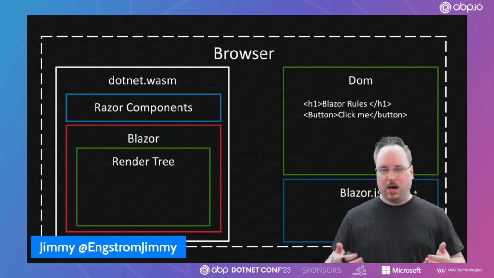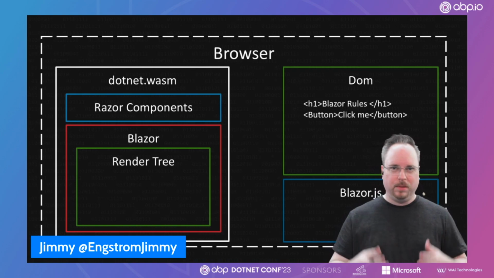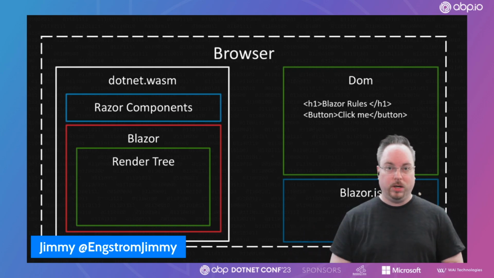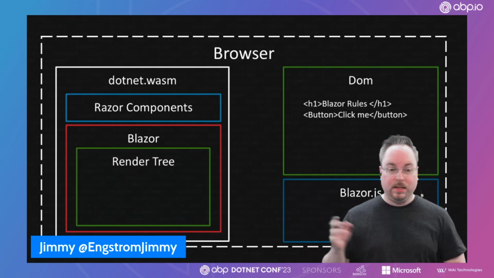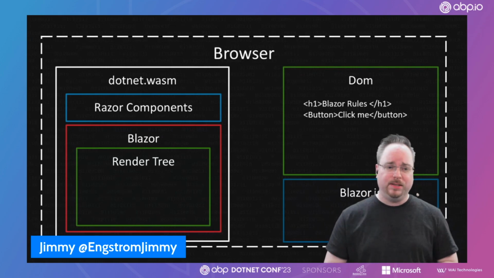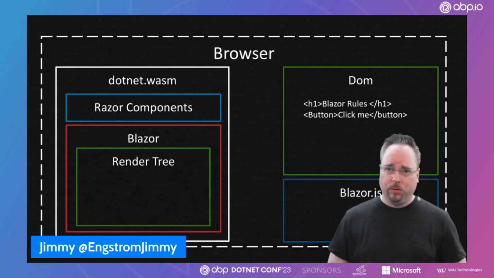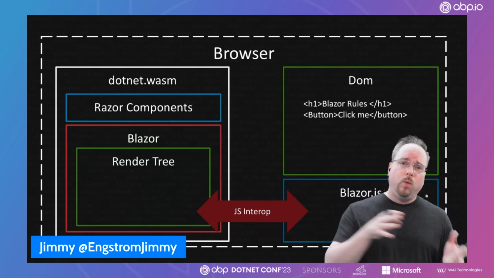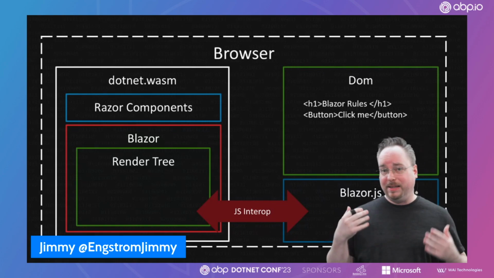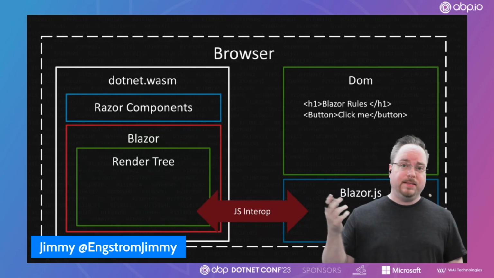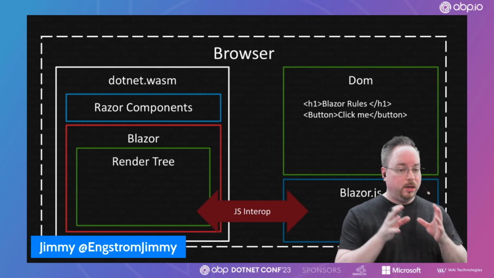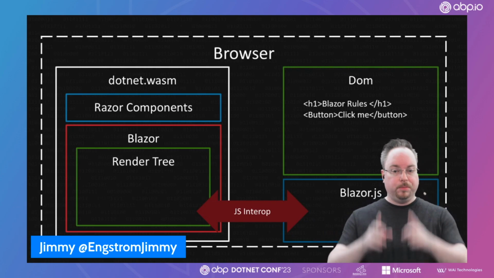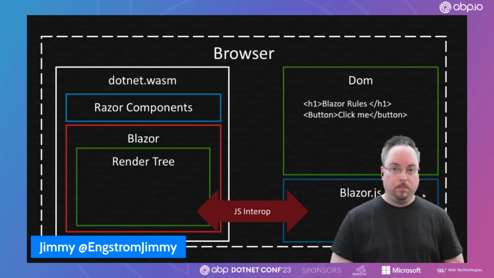We're running inside of the dotnet.wasm, the WebAssembly compiled .NET runtime. We still have the Razor component. We still have Blazor. We're still creating a render tree. Instead of SignalR, we're now using JavaScript interop because WebAssembly can't, at least for now, access the DOM directly. So we are talking through JavaScript interop to JavaScript and then updating the DOM.